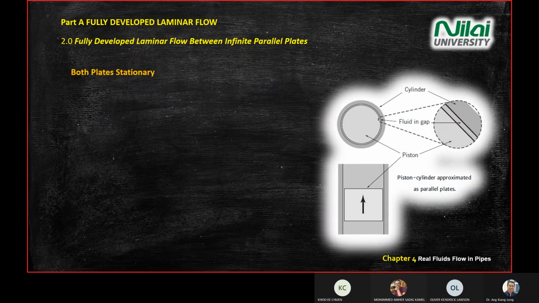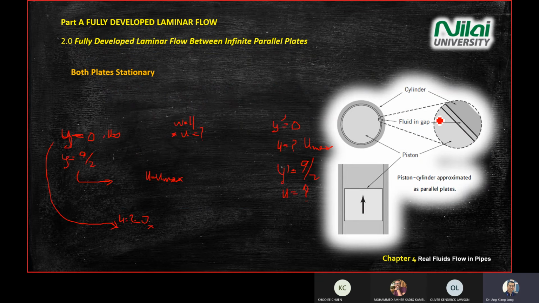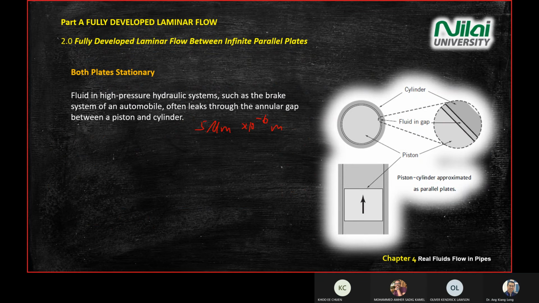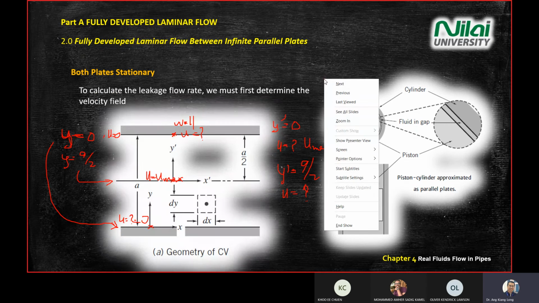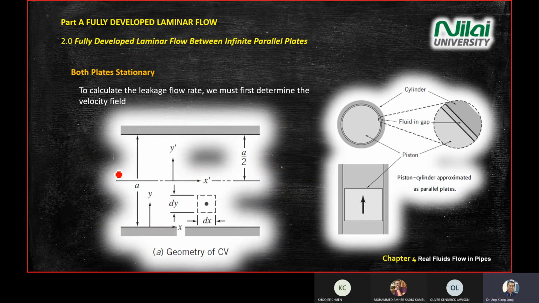So far, I keep repeating the concept. What is U? What is U max? You should know these. There is what we call the boundary condition, which is important in your mathematical derivation. There are two axes.